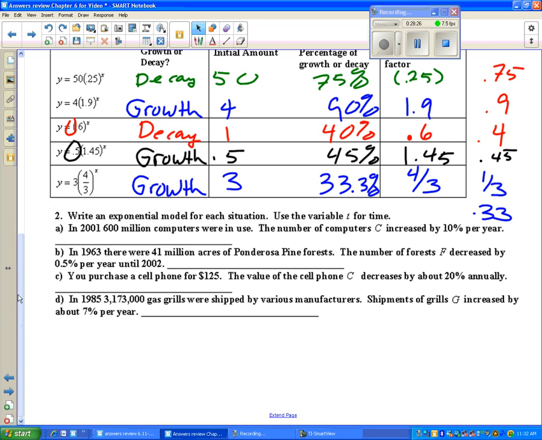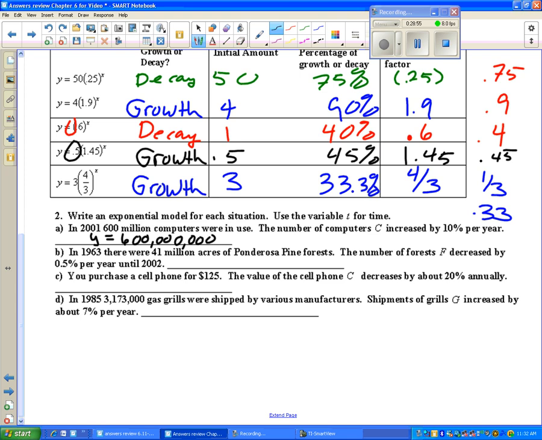Number 2, write an exponential model for each situation. Use the variable t for time. In 2001, 600 million computers were in use. The number of computers C increased by 10% per year. So my exponential function is y is equal to my initial amount, 600 million.